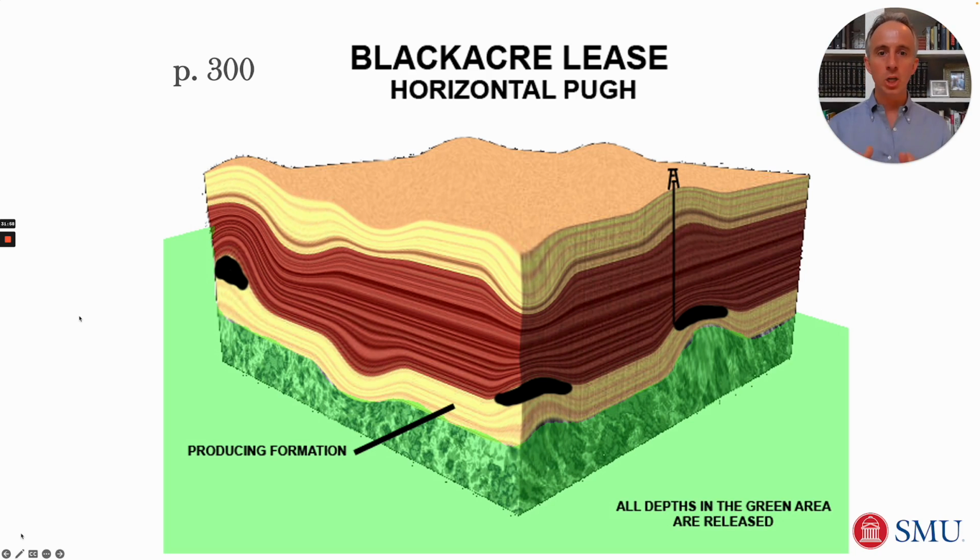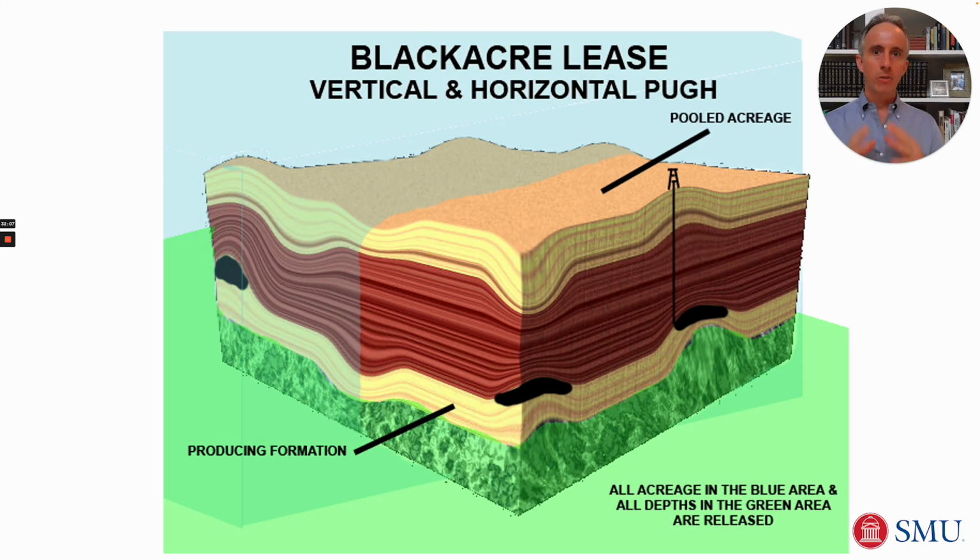And so in addition to cutting things in the normal way, vertically, you could cut them horizontally. That would give the landowner more protection. And so for sophisticated landowners, we're seeing more often the use of both a vertical, the normal way, and a horizontal Pugh clause or retained acreage clause that says, I get to keep effectively everything that you're not producing.